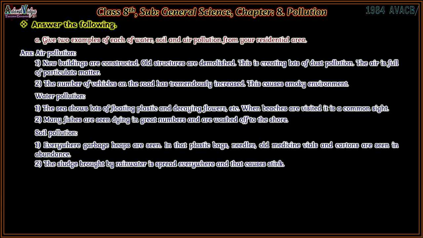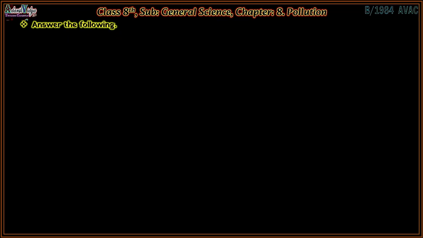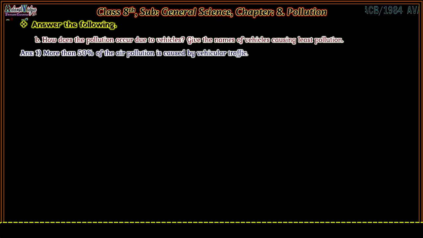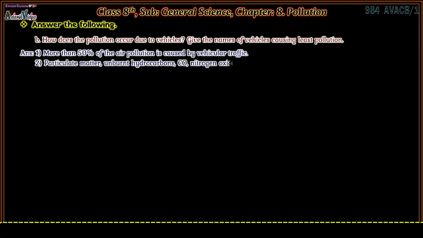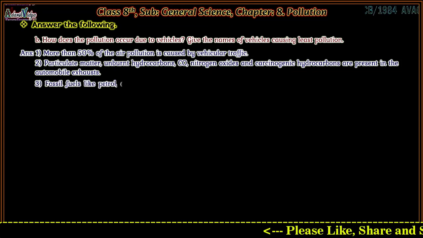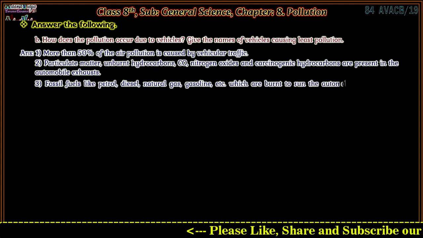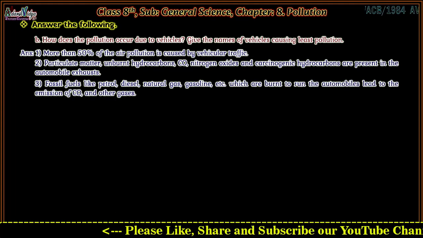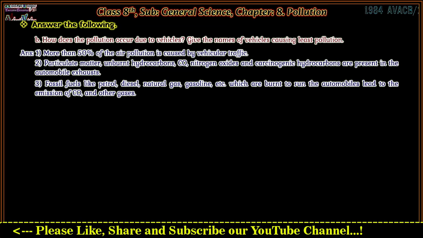Question second. How does the pollution occur due to vehicles? Give the names of vehicles causing least pollution. Answer: first point. More than 50% of the air pollution is caused by vehicular traffic. Second point. Particulate matter, unburned hydrocarbons, CO, nitrogen oxides, and carcinogenic hydrocarbons are present in the automobile exhausts.